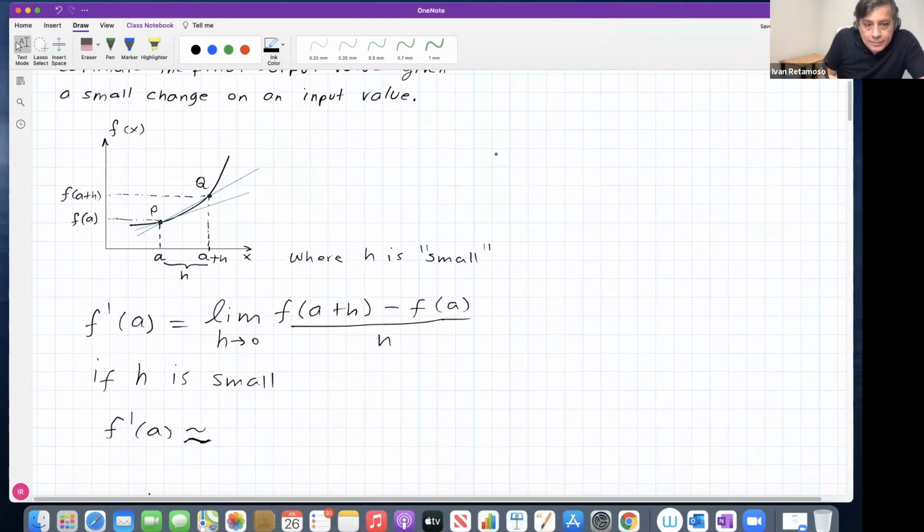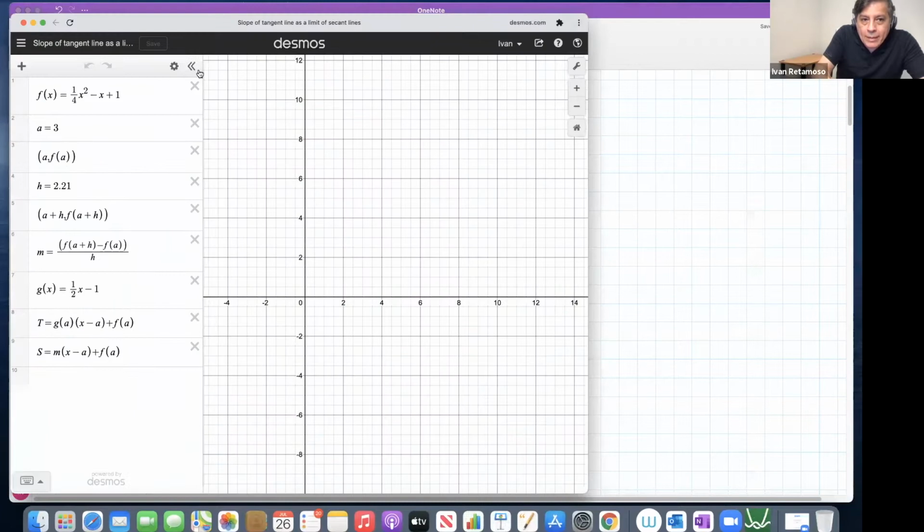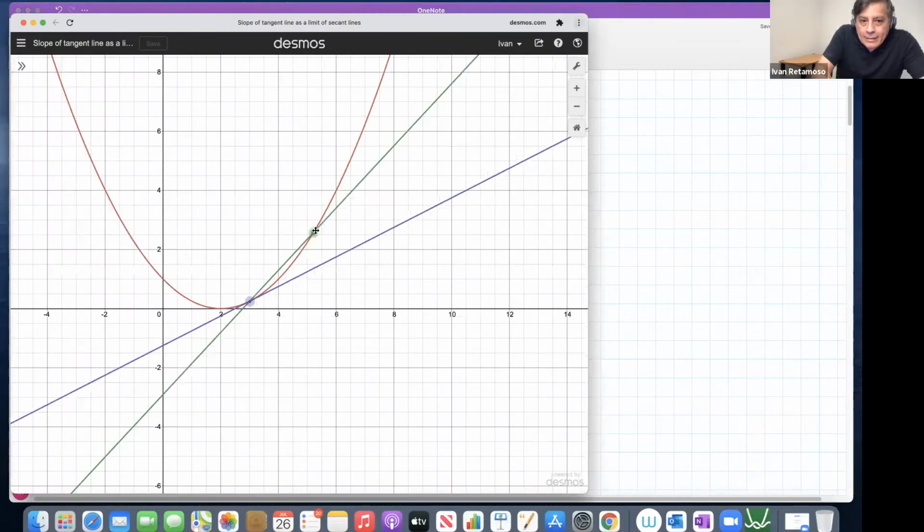So now, what is this? The limit of f of a plus h minus f of a over h. If h is small, I can say that this slope should be basically equal to the slope of the tangent line, because you saw it in the animation, right? When you are far away, they are not the same.